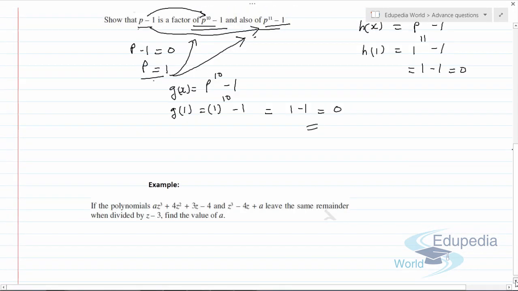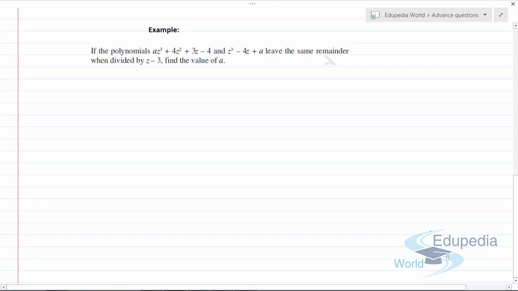So we'll discuss another example, and please watch this example carefully, because these types of questions generally come in exams. Suppose we have this polynomial and this polynomial, and they leave the same remainder when divided by z minus 3. So we have to find the value of a.